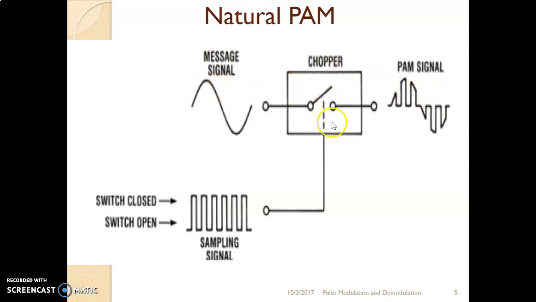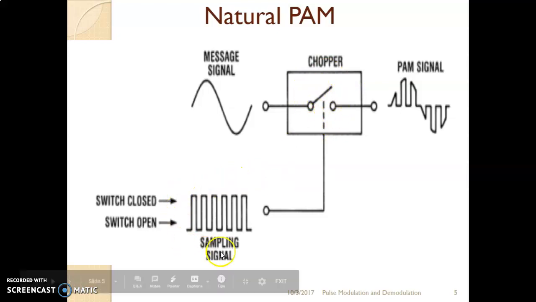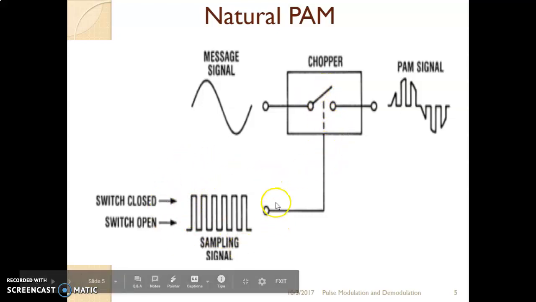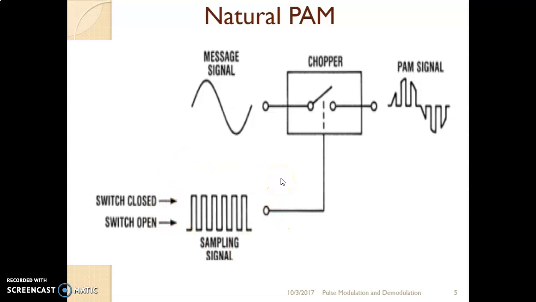So the frequency of this switch, called a chopper, is controlled by the sampling signal, and this is how the natural pulse amplitude modulated signal is generated. So this is our message signal passed through a switch, which then generates the PAM signal. The speed of this, which is nothing but the sampling frequency, is controlled by a sampling signal, and this is called the natural PAM signal.